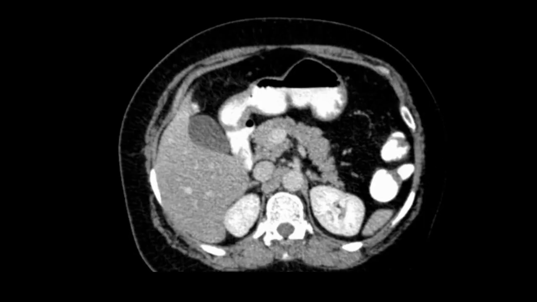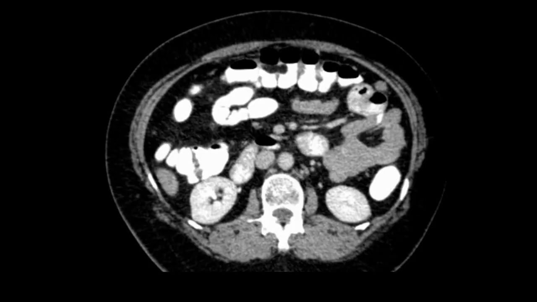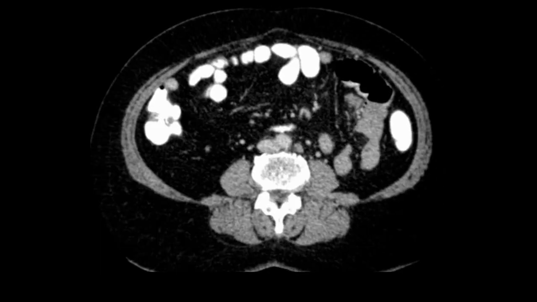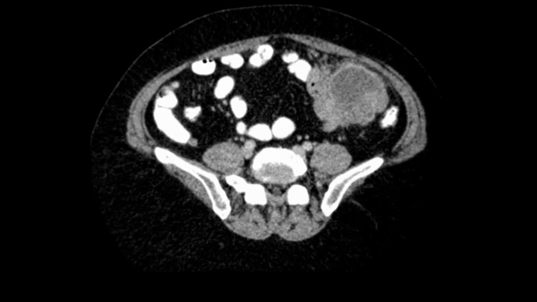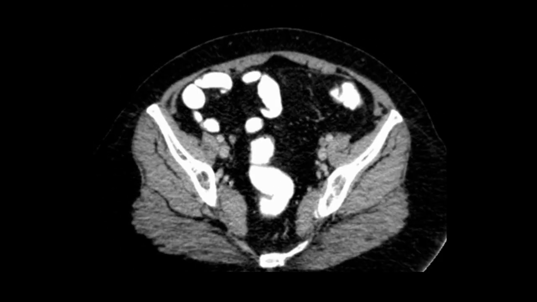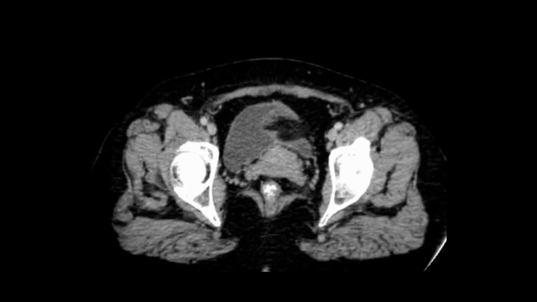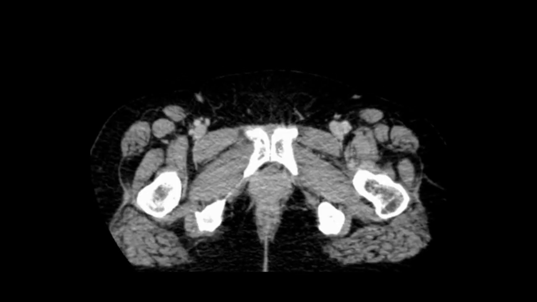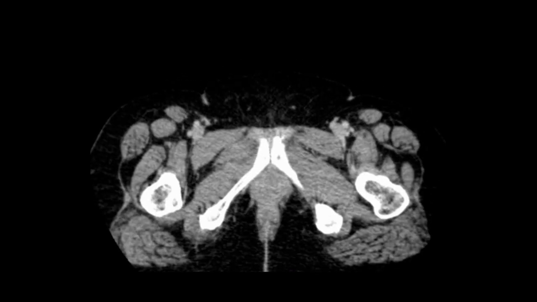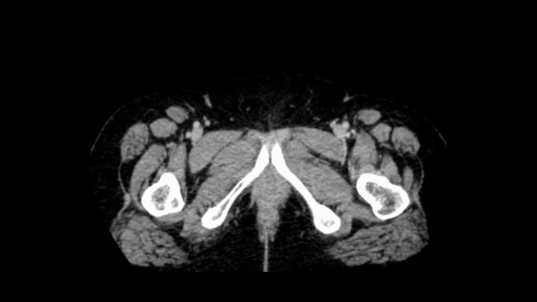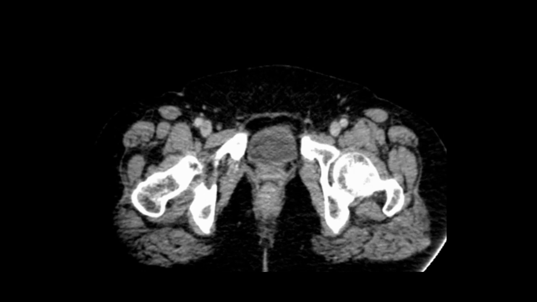Again going down, okay. So there is a catch in this scan. This patient does not have a colonic growth. Let us see.